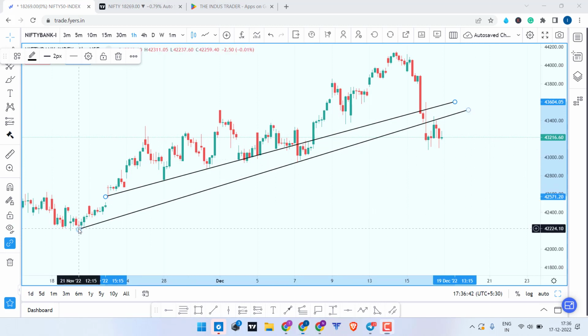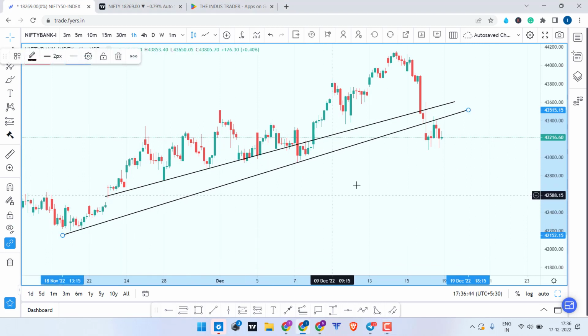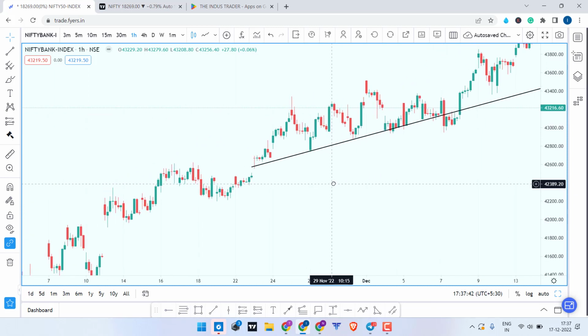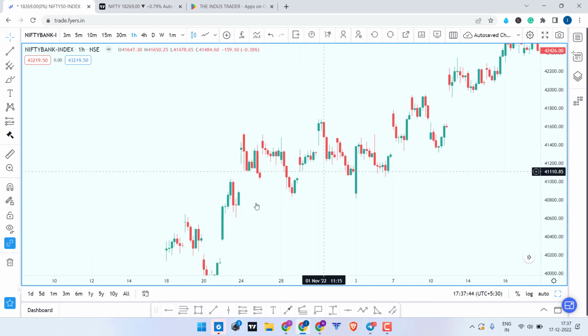If you draw a trend line with the intention that it should not be breached, you can see here I have drawn this trend line in such a manner that it gives the maximum touches.